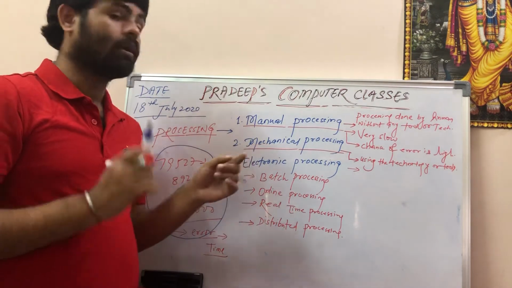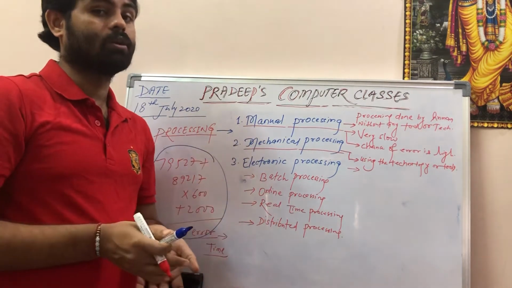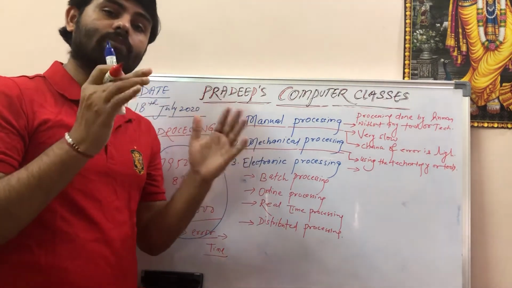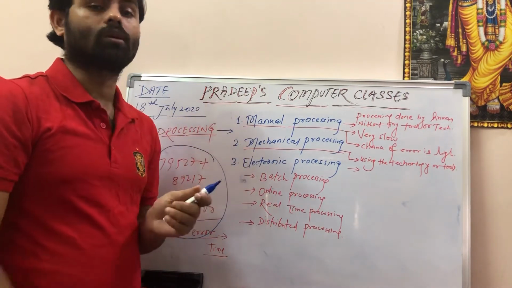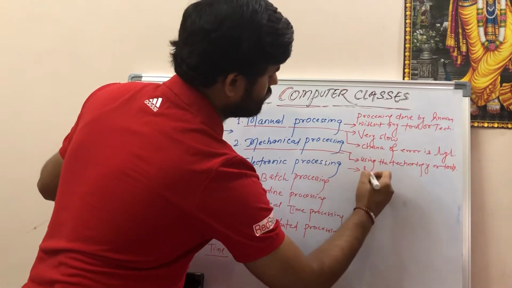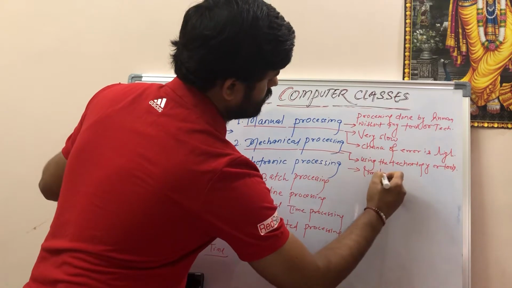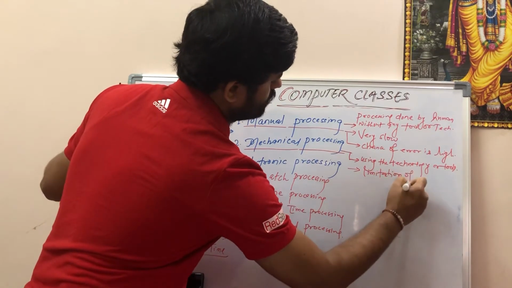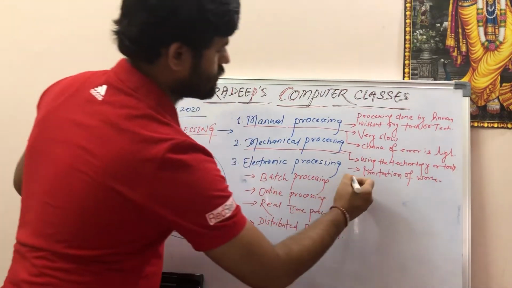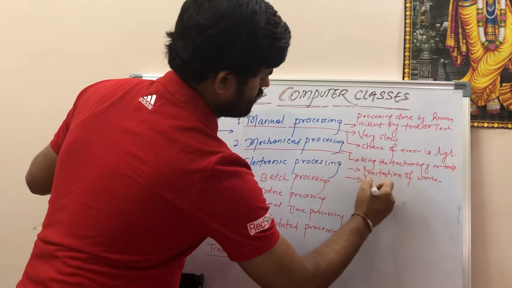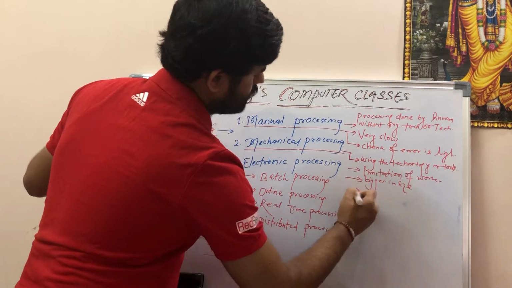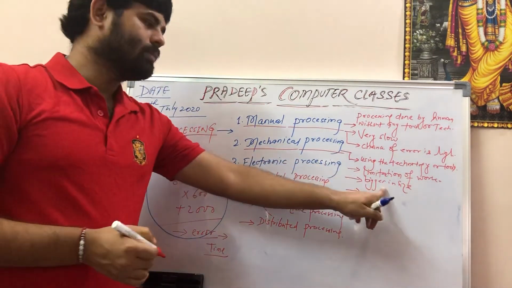Also, the size of the typewriter is big. So what we have seen is that the size is big, as well as there is a limitation of work. They cannot do all the work. So in mechanical processing, the tools we are using have a limitation of work, and they are bigger in size.